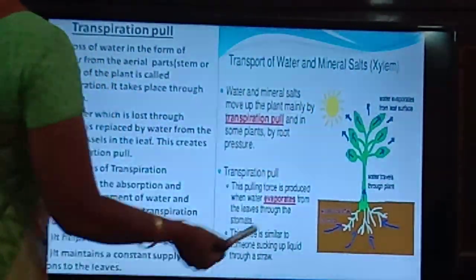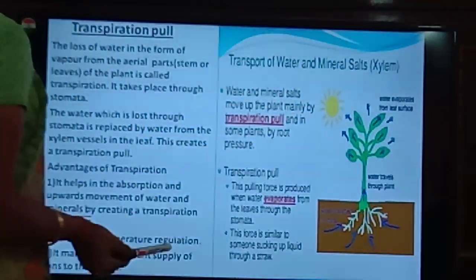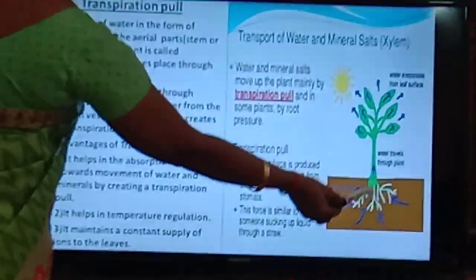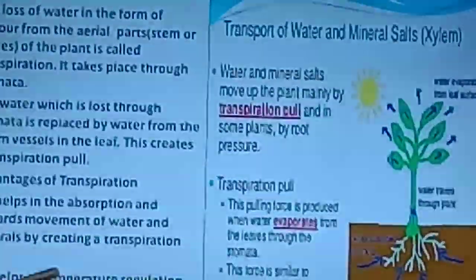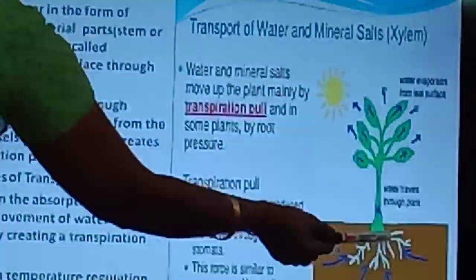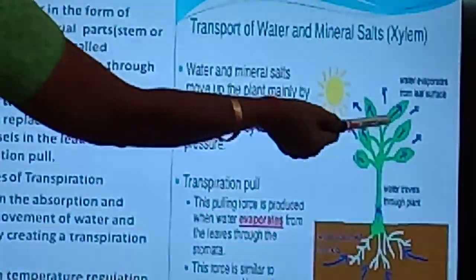So the water which is lost in the leaves through stomata and transpiration is replaced by the water coming up through the xylem vessels. So this creates a transpiration pull.